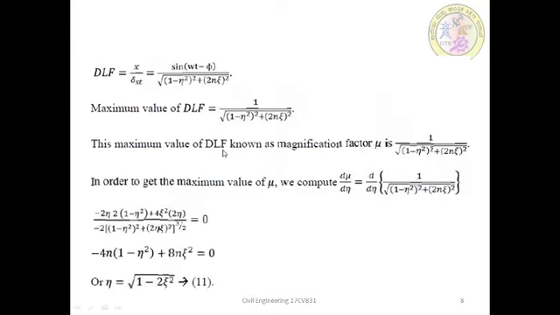That is called the maximum dynamic load factor, given by this equation. Here mu is the DLF, dynamic load factor, or magnification factor. In order to get mu, you take d mu by d nu, substitute the values, and you will have the equations, that is nu equal to square root of 1 minus 2 chi square.